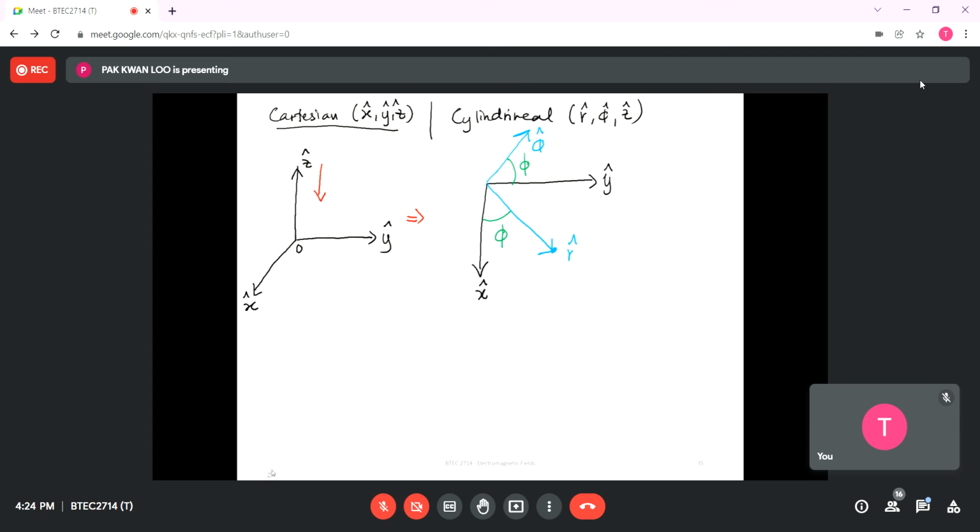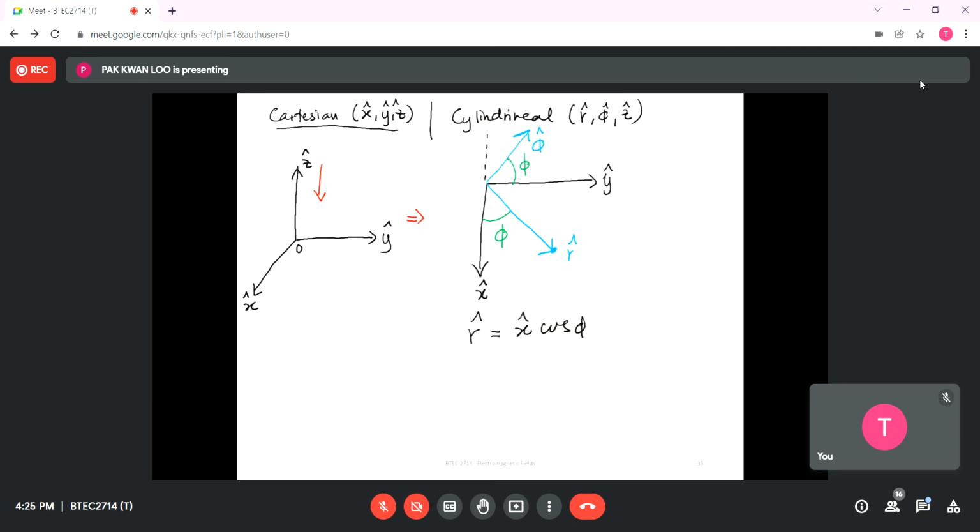Okay, now. If x and y are given, so we know the unit vector directions x and y, and as we know the cylindrical has a radial component pointing in this direction, and we have a phi angle made between them, I can represent this as r cap equals x cap cos phi.